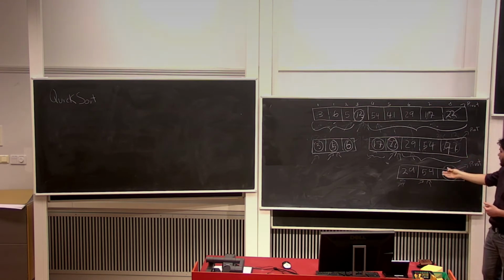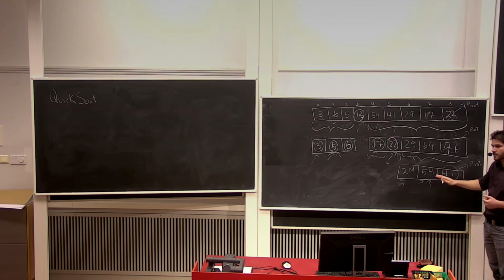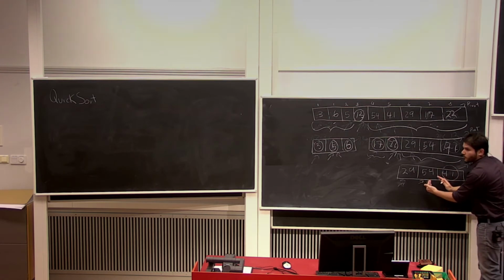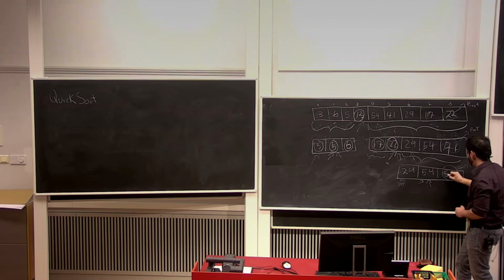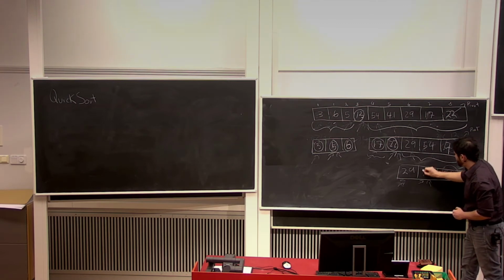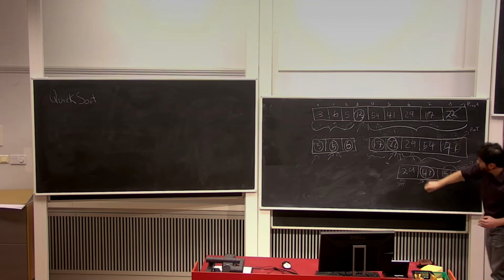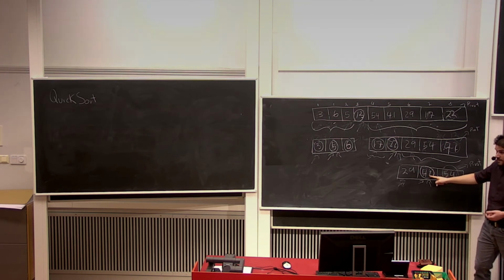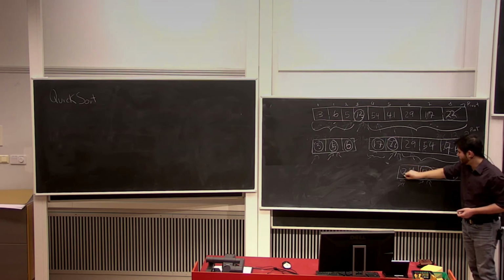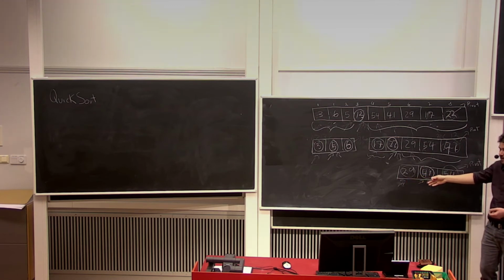Is 54... So in this case, we don't need to compare because both pointers meet in the middle, and what we do is swap with the pivot as we did before. So 54 comes here, and 41. Now, every time we swap with the pivot, it gets in a correct position. So now 41 is in a correct position, 29 is in a correct position since it is the only element, and 54 is in a correct position.